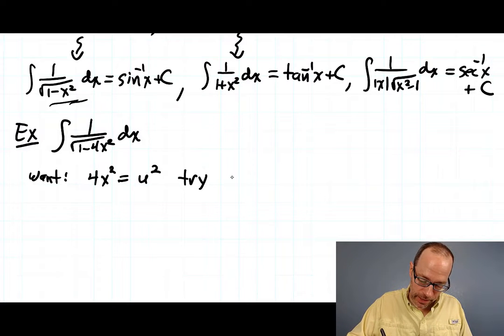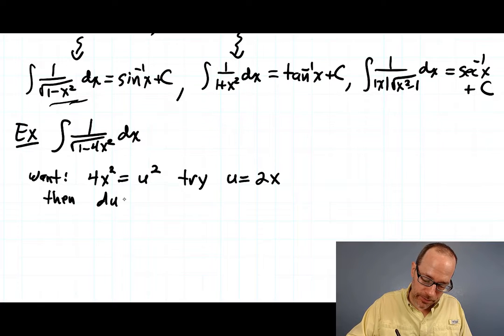So let's try u, take the square root of both sides, to be 2x. If I do that, then I get du is 2 dx.